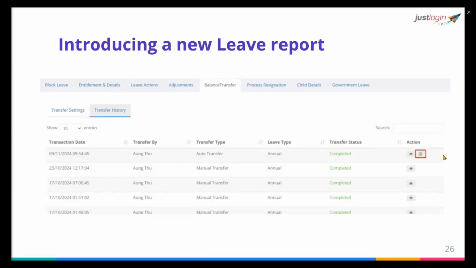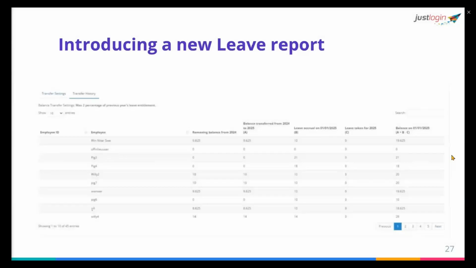By clicking on the new icon, it will display detailed information about the transfers that you've processed, including the employee name, remaining balance from 2024, balance transferred to 2025, the 2025 entitlements, the leaves taken, and balances as of January 1.